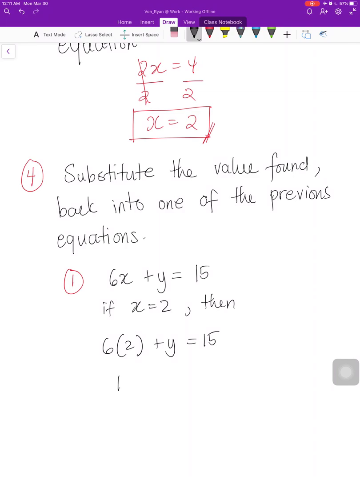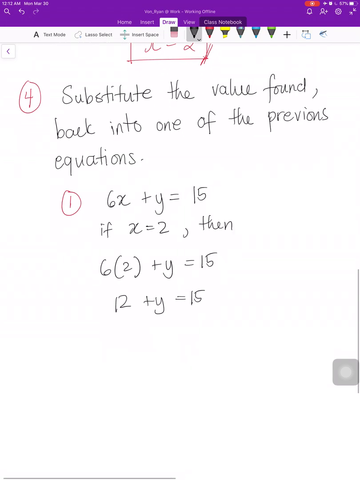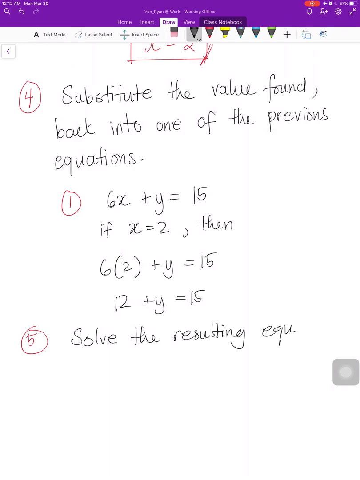This will become 12 plus y equals 15. Okay, and now you just need to solve this. That's step 5. Solve the resulting equation. Write it in red. So if it's 12 plus y equals 15, then you transfer that to the other side, y is equal to 15 minus 12, y is equal to 3.